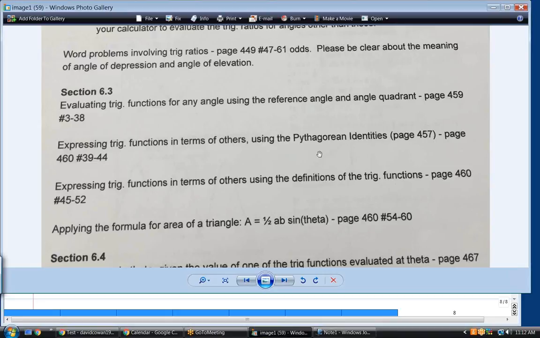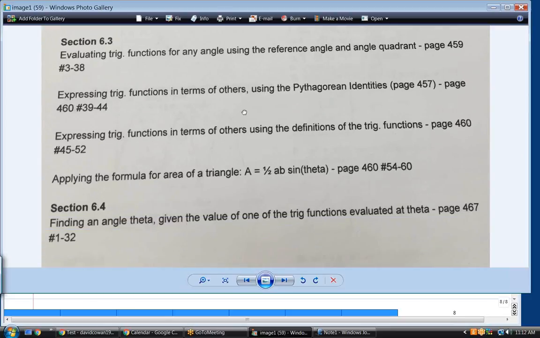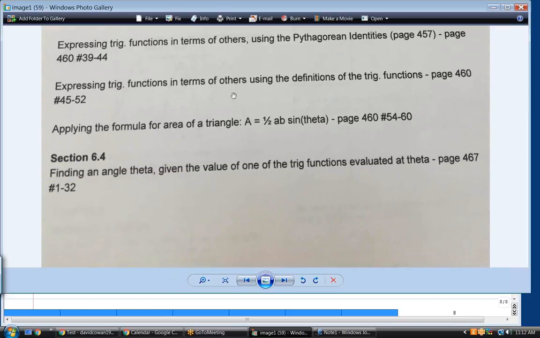Pythagorean identities, expressing trig functions in terms of others. I don't know how else further to cover that. Expressing trig functions in terms of others using the definition of trig functions. Not quite sure what they mean by that. Expressing trig functions in terms of others using the definitions of other trig functions.